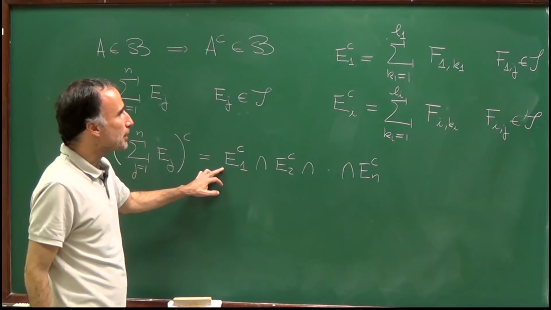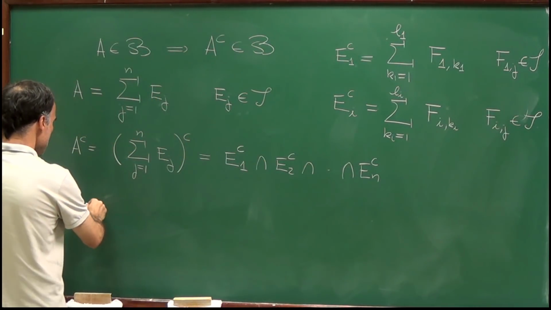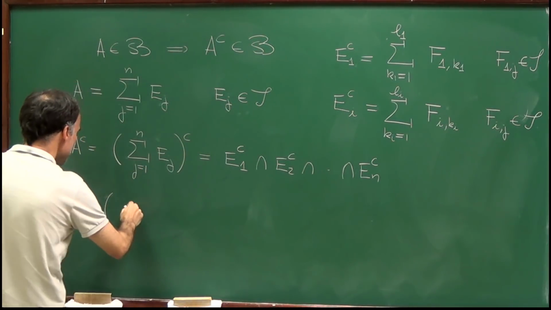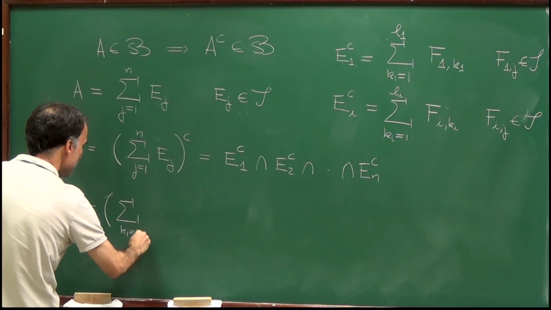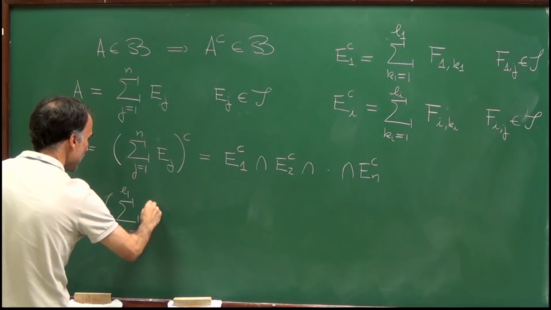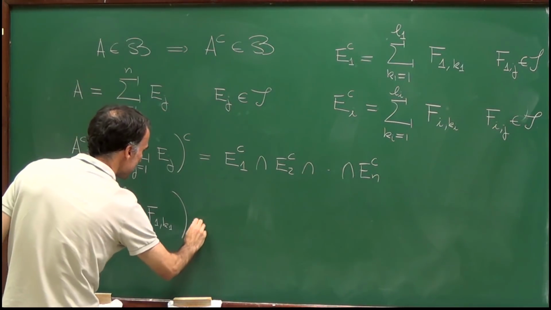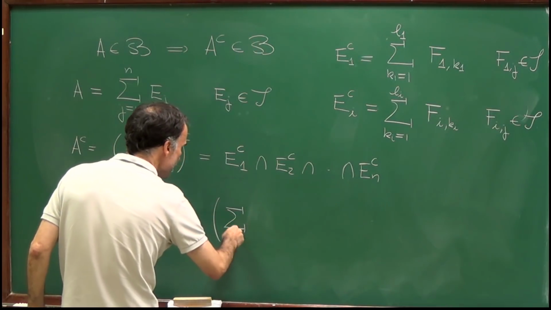And let's replace these identities in this formula. So we have here E1 complement, which is a sum over K1 from 1 to L1 of F_1K1, intersection, disjoint union.